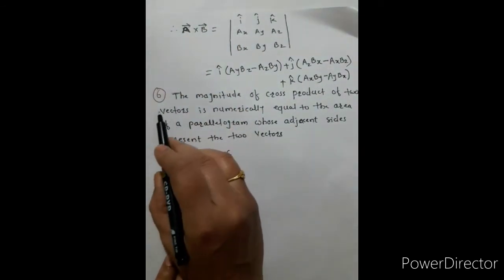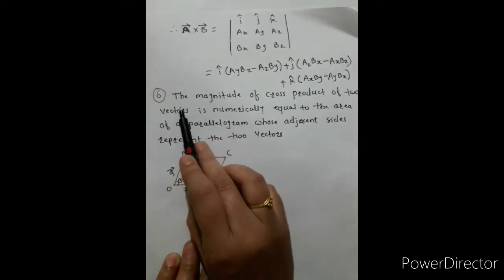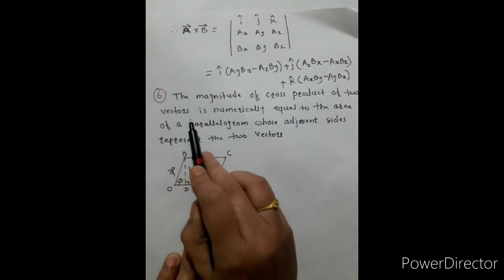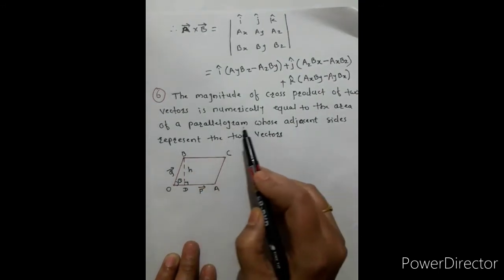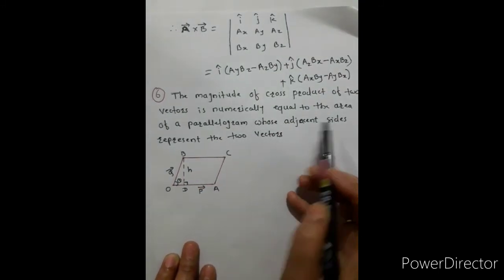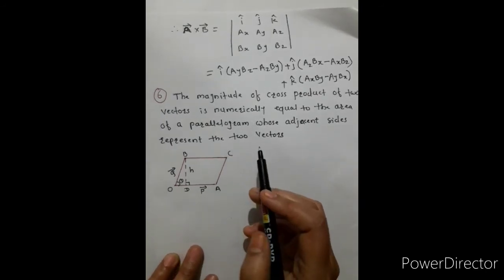Now the last characteristic is what? The magnitude of the cross product of two vectors is numerically equal to the area of a parallelogram whose adjacent sides represent the two vectors.